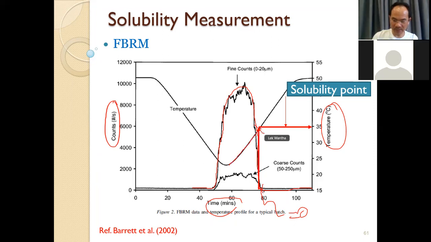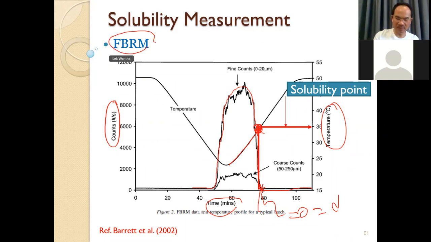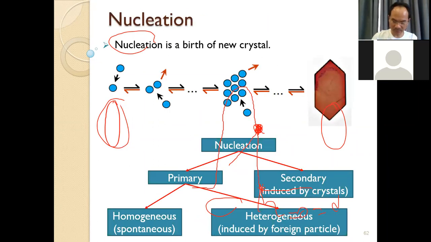At this point, we call it the solubility line at n equal to 0, and the temperature at this point is the solubility. Okay, this is the technique to measure the turbidity. We use the FBRM to count the number of solid particles. If the number of solid is 0, that means you get the clear point of the solution. This is the technique to determine the solubility.